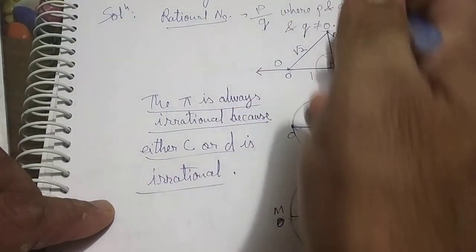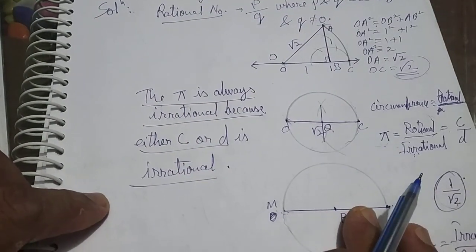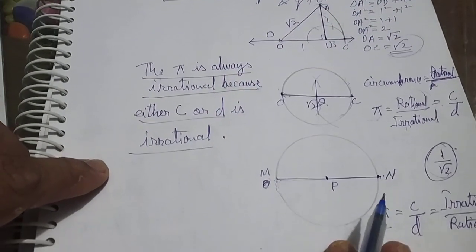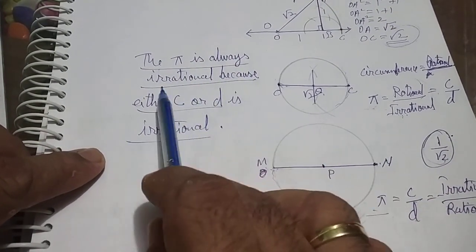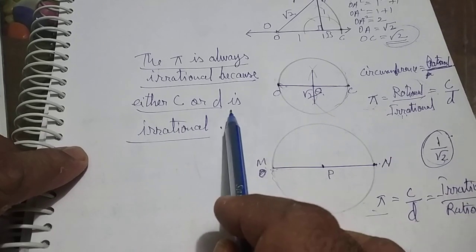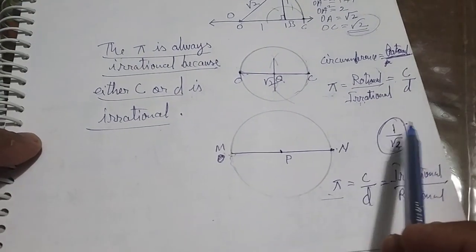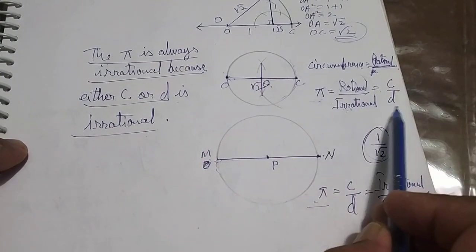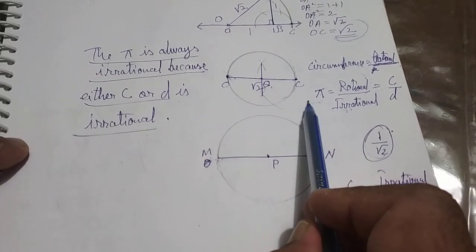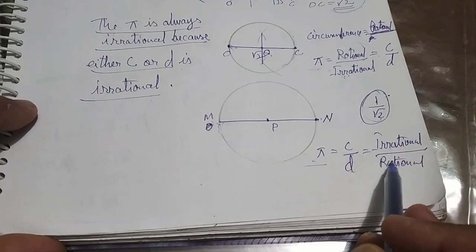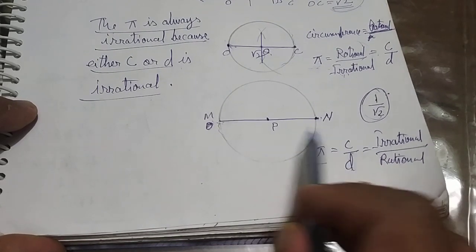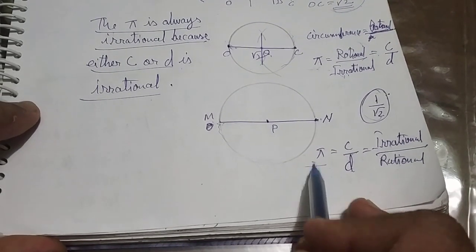All this that I have done, it is not necessary to do. This I have done only to explain it to you. So pi is always irrational because either C or D is irrational. It means when C is rational, D is going to be irrational. So this makes pi irrational. When D is rational, C becomes irrational. Again pi becomes irrational.